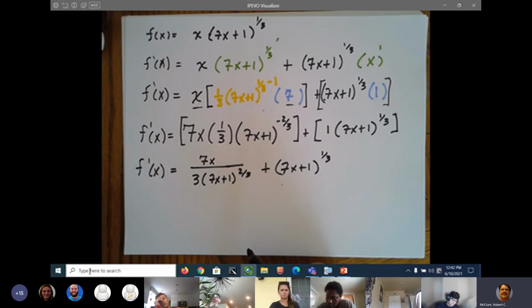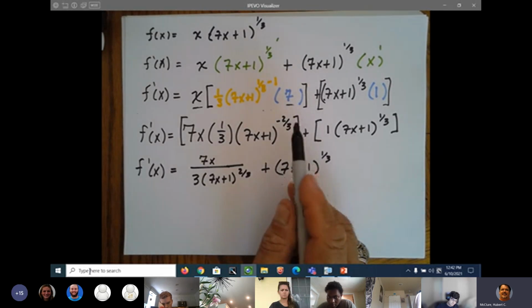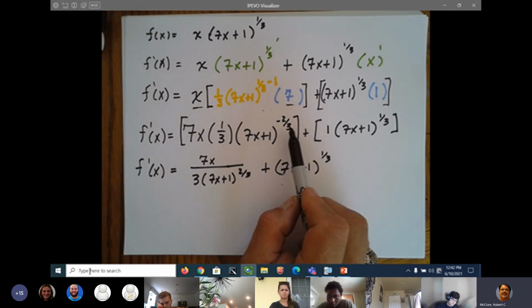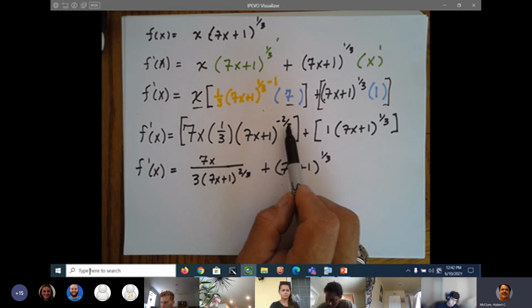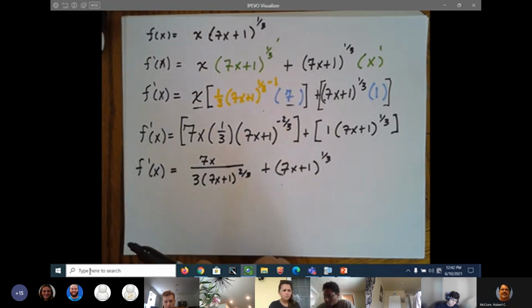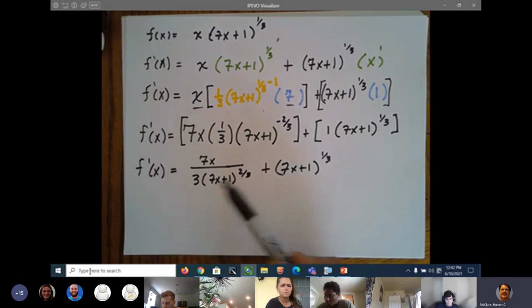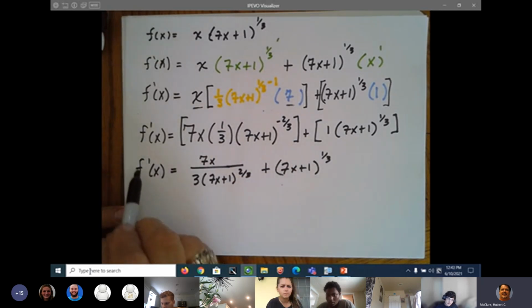And I don't foresee, now you could factor out a (7x plus 1) to the negative 2/3 power, but I don't think one of these probably is going to be your answer.